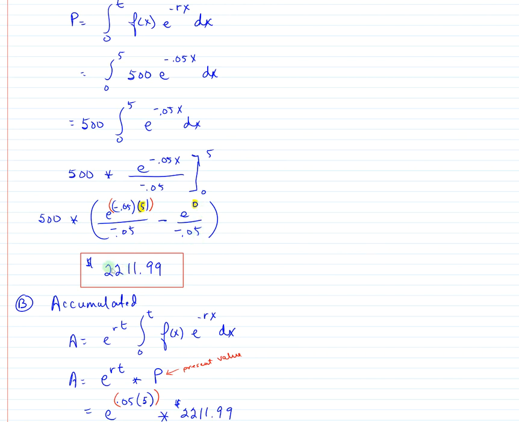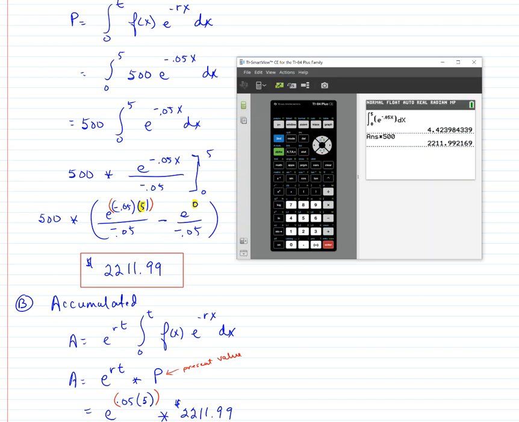What I would say is that you can do this with the calculator. We have learned to do Math 9. If I bring my calculator up, I have done this integral part with the 500 already pulled out: I put in 0 and 5, e to the negative 0.05x, and then dx.